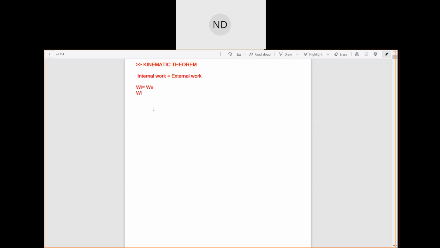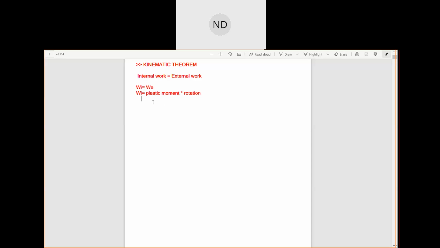W suffix I is given by plastic moment into rotation. You have to know this: the internal work of a beam or a member is your plastic moment into the rotation.